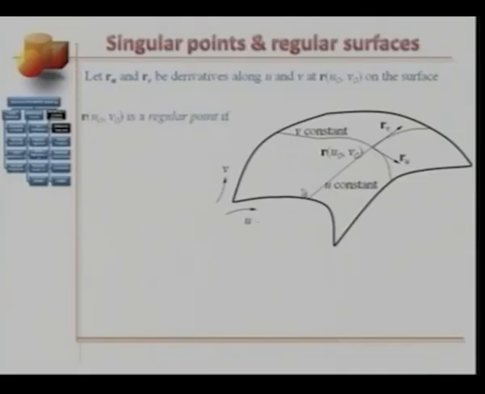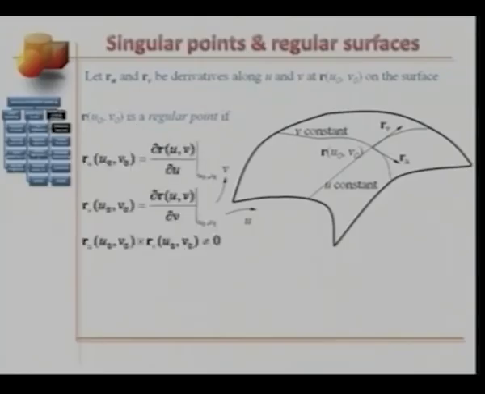So this point R of u sub 0, v sub 0 is a regular point if these conditions are satisfied. R sub u is given by partial r over partial u evaluated at u sub 0, v sub 0.